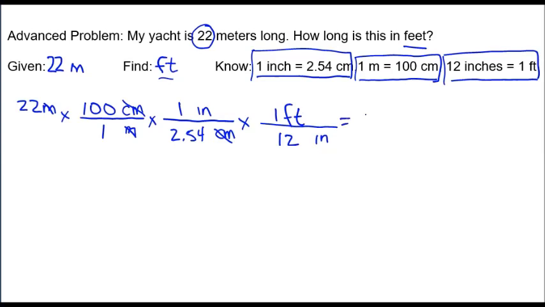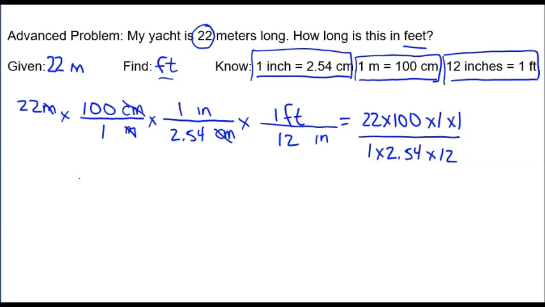All right, so let's do the math. We have 22 times 100 times 1 times 1. And then in the denominator we would have 1 times 2.54 times 12. If you plug all of this into your calculator, you're going to find that this is equal to 72.1784 and so on.